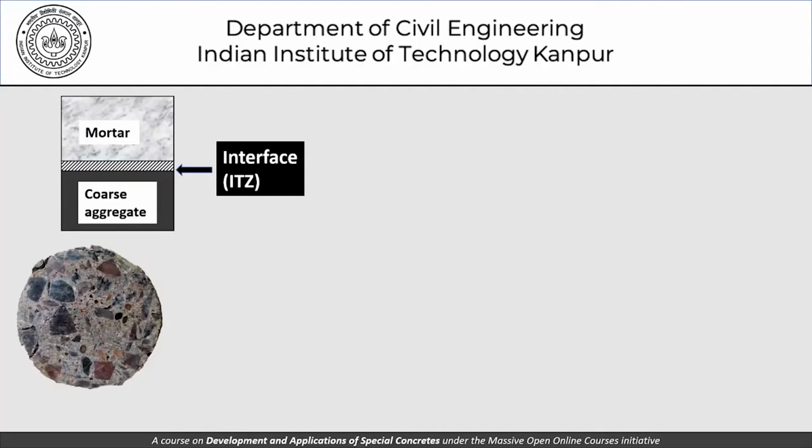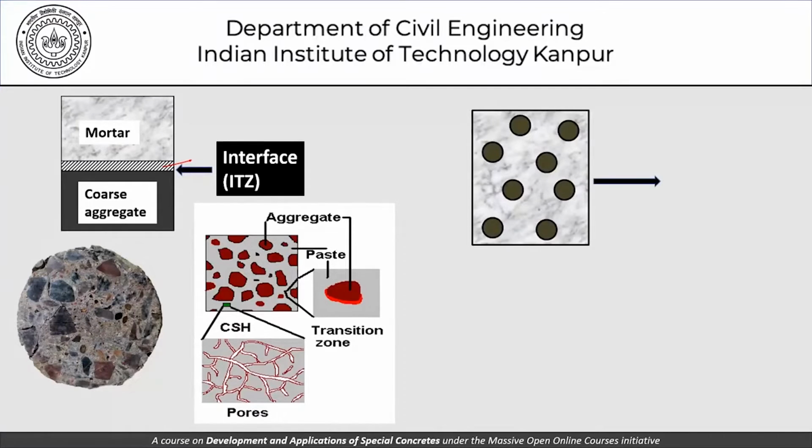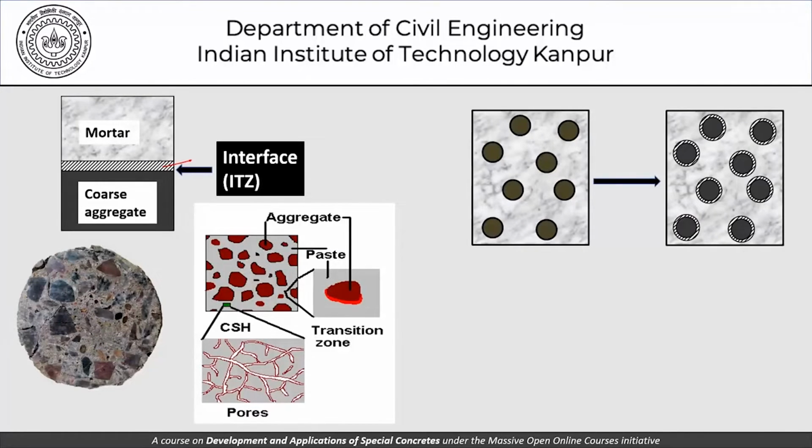We say that this is a coarse aggregate, there is mortar around it, and we have this ITZ which has been formed at the interface of the coarse aggregate and the mortar. This is what we are representing. This can be represented something like this. And now let's try to understand the phases.